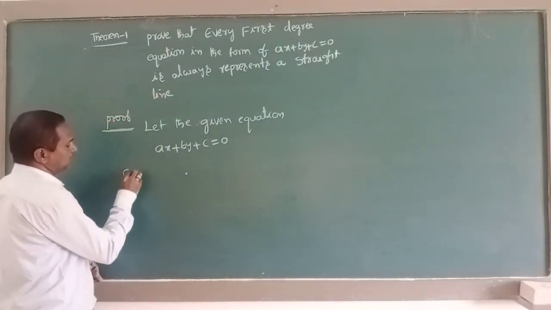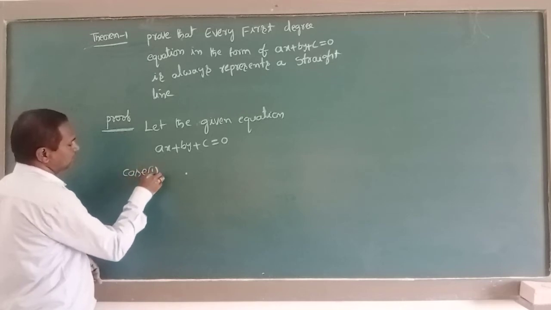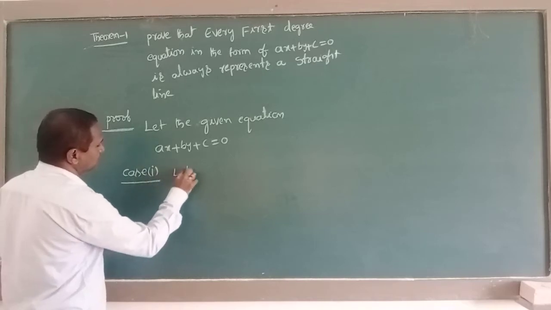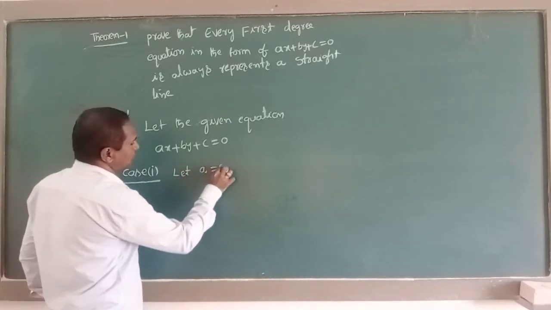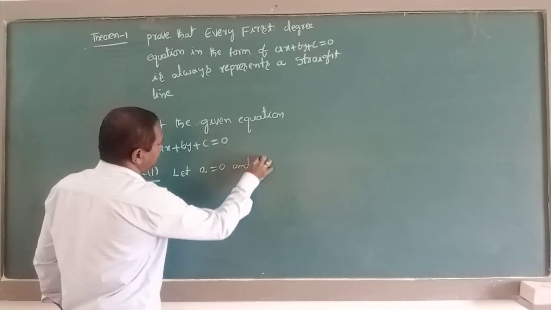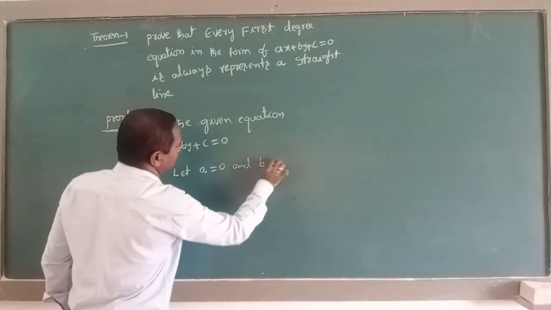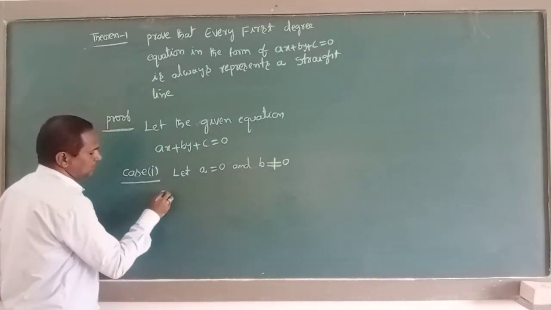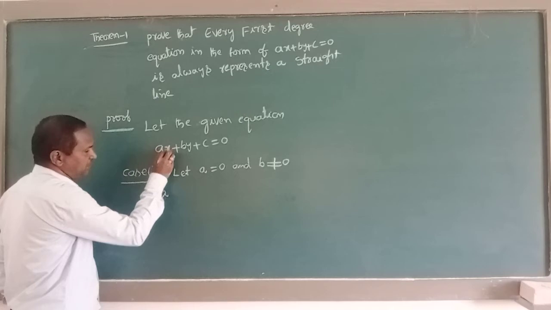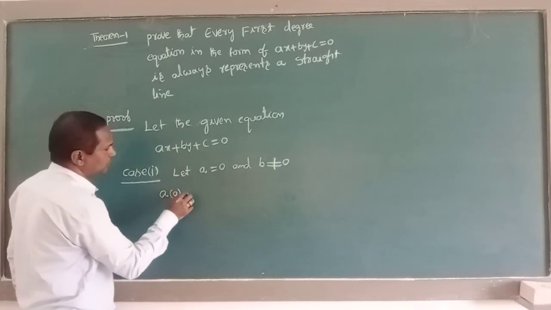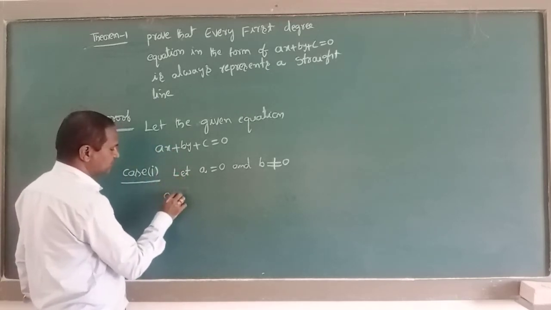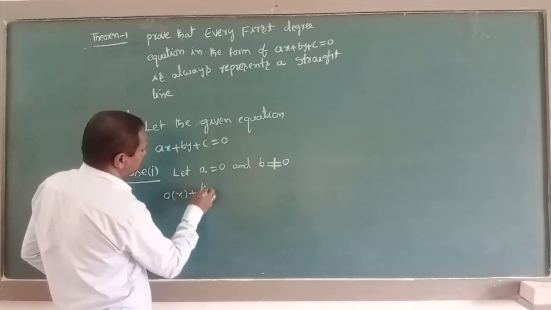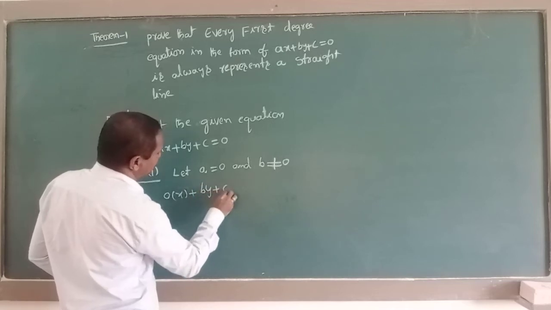Case 1. Let a is equal to 0 and b is not equal to 0 here. In place of a, we are putting 0 in ax plus by plus c is equal to 0.